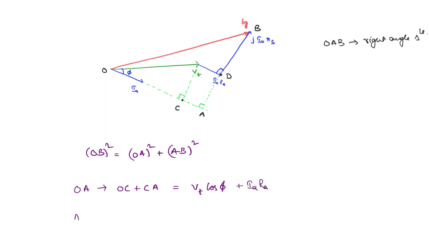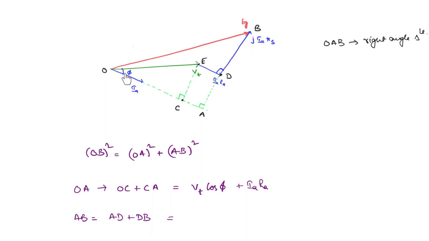Now what about AB? This is equal to AD plus DB. So now what is AD? AD will be same as this here. Okay. So you can take this point as E. Now AD is equal to CE. So what is CE?